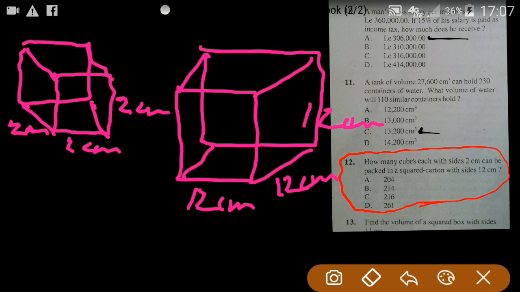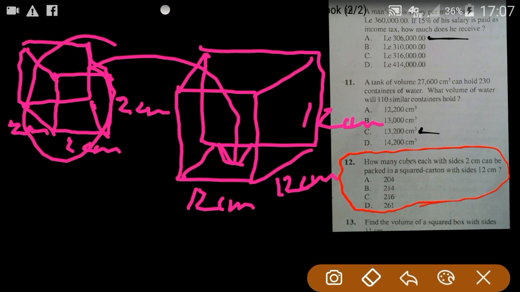So what was this telling us? That is how many of this box will get inside this box. To solve this problem, we need to find the volume of this big box and divide it by the volume of this small box. So let's go.